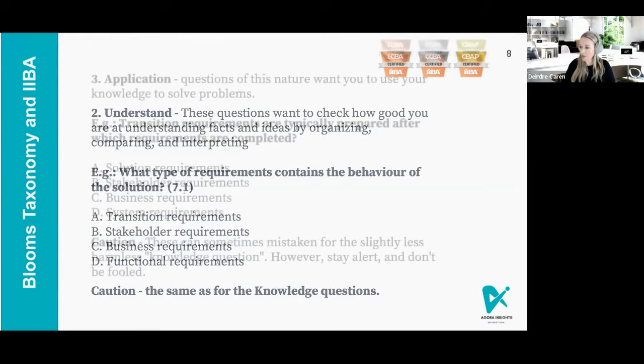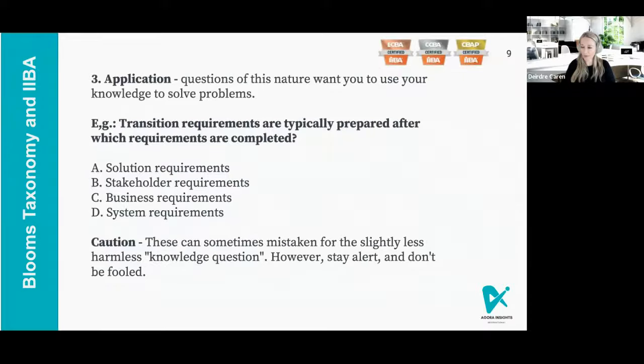All right, so now we're going to go on to the next one, which is application. So at application level now, the question is, transition requirements are typically prepared after what requirement is completed? So you have the option of a solution requirement, stakeholder, business, or system requirement.